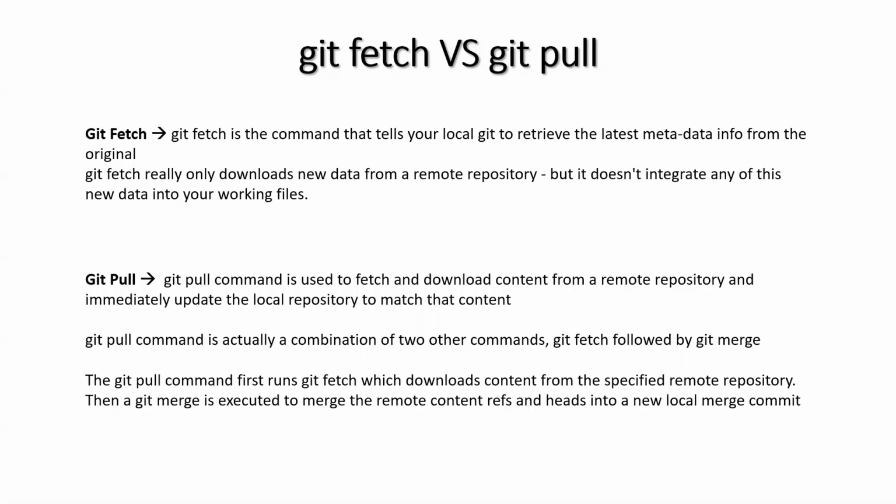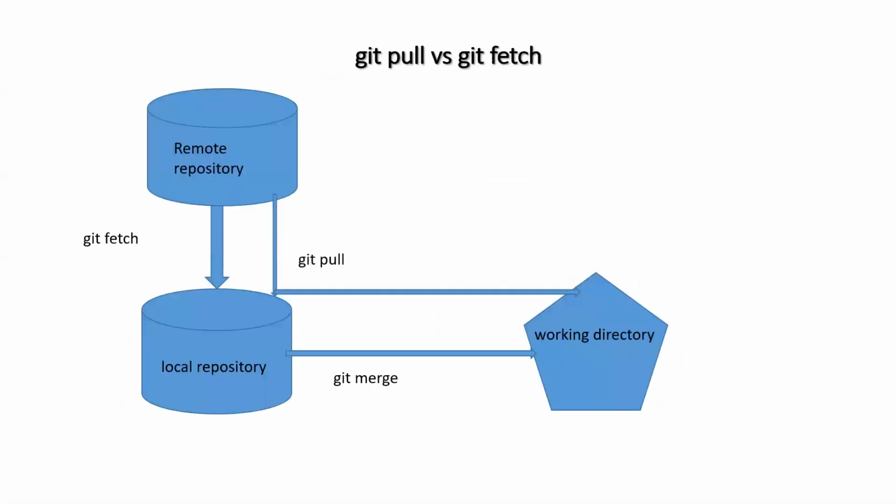So in short, git fetch only downloads the code and updates the local repository, while git pull gets the latest code from the remote repository, as well as merging the code with our current working directory in the local repository.